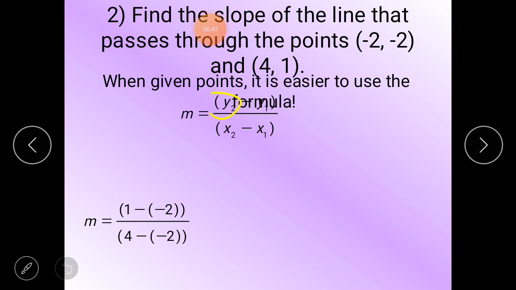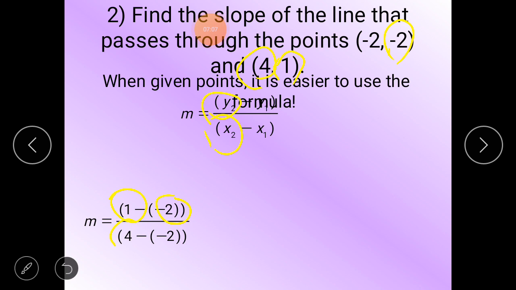Substitute. Y sub 2 is 1. Y sub 1 is -2. Over x sub 2, x sub 2 is 4. Minus x sub 1, x sub 1 is -2.